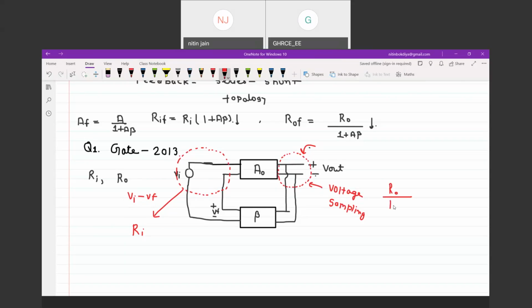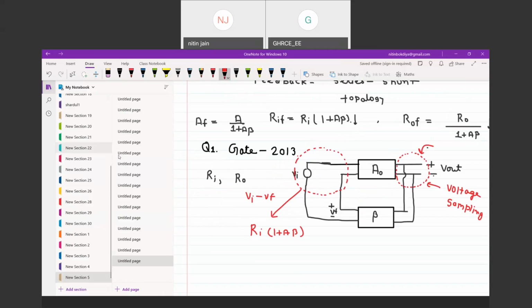So output resistance will be Ro divided by 1 plus A beta, and input resistance must be Ri into 1 plus A beta. So this is the idea of how we analyze the feedback amplifier. Now I am taking a few questions from complete electronics analog circuits so that we can revise our concepts, then we will start a new subject.